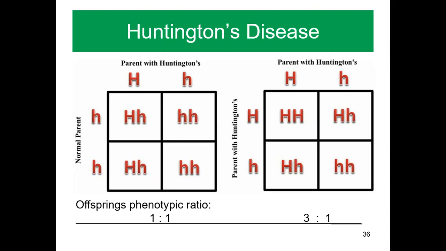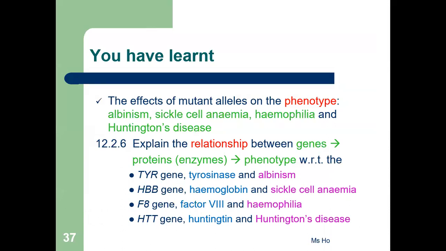So what we have learned today is the effect of mutant alleles on the phenotype. When a normal gene is mutated to give a mutated allele, it can change the phenotype and give rise to genetic diseases. So genetic diseases are a type of phenotype. You have looked at genetic diseases: albinism, sickle cell anemia, haemophilia, and Huntington's disease.